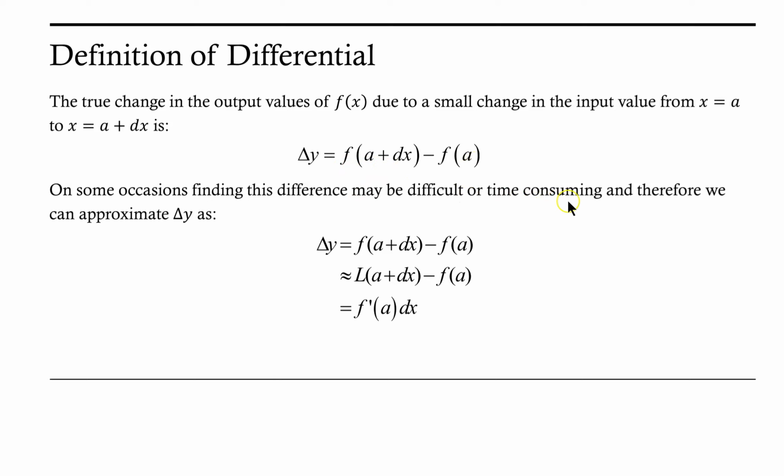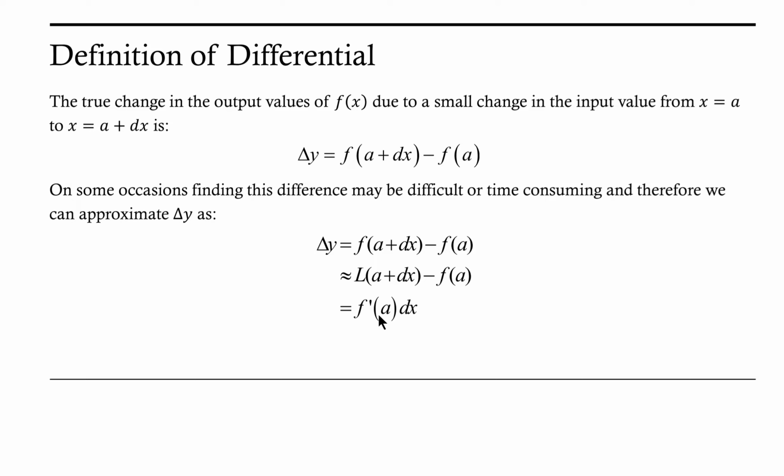Or it could be time consuming, and therefore we can approximate delta y as the difference f of a plus dx minus f of a, which is approximately equal to the linearization at a plus dx minus f of a, which we just saw was equal to f prime at a times dx.